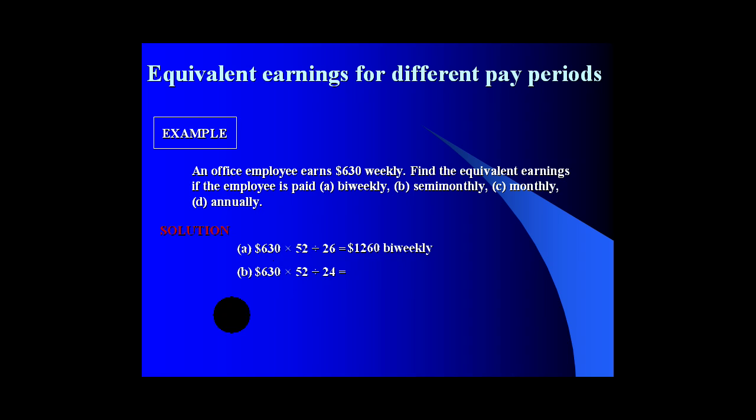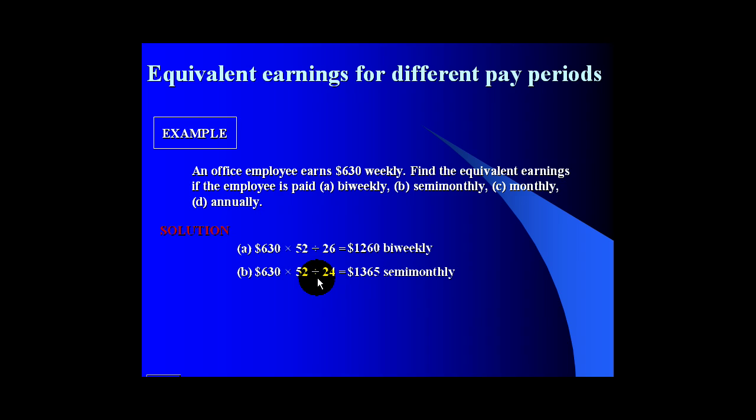Semi-monthly, similarly, we take $630 times 52, we extend it out to 1 year, and then we divide by 24. Semi-monthly, there should be 24 paychecks in a year for a total of $1,365 semi-monthly.